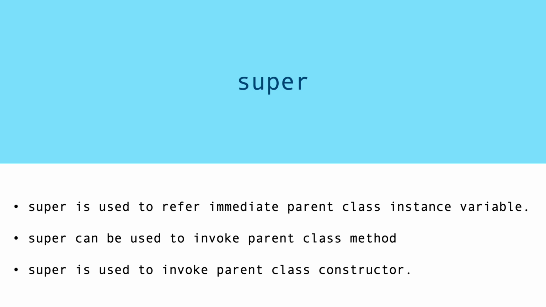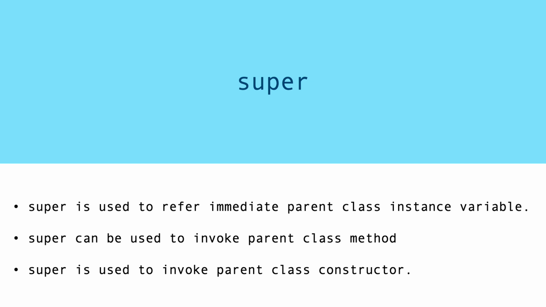This super keyword allows us to refer to the immediate parent class instance variables or immediate parent class methods. So if we are in a subclass, you can access the parent class methods and variables using the super keyword. And super is also very much used to call the constructors of its immediate parent class.